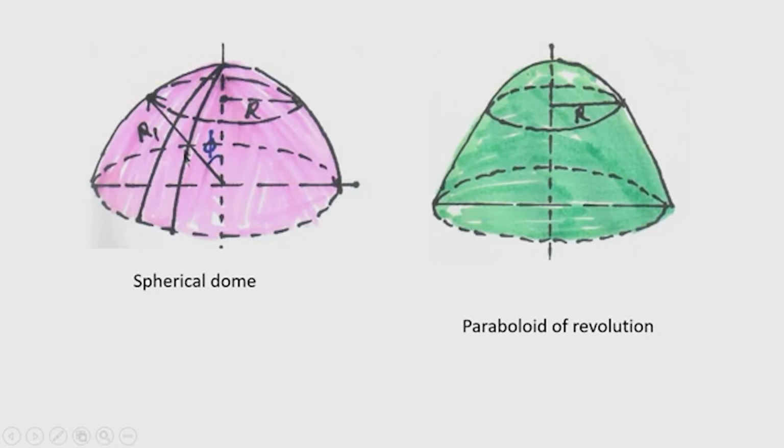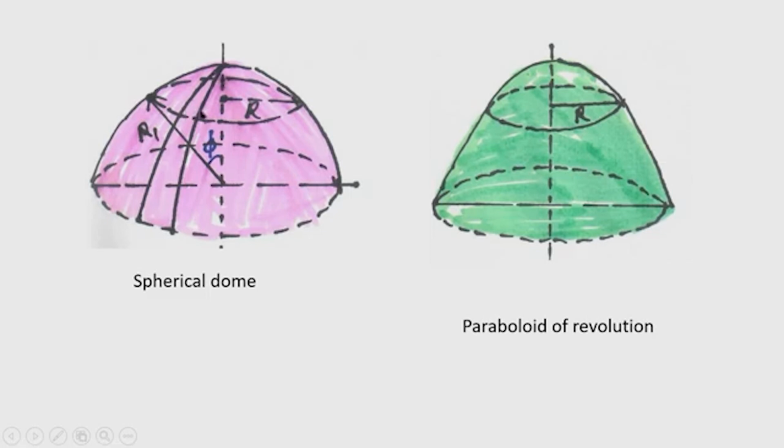So, this is the plane curve, it is an arc of a circle, and this is rotated about an axis of revolution. Axis of revolution is this, and then the surface formed is known as the surface of revolution. So, this is a shell of surface of revolution and it is formed by revolving a part of this circle.